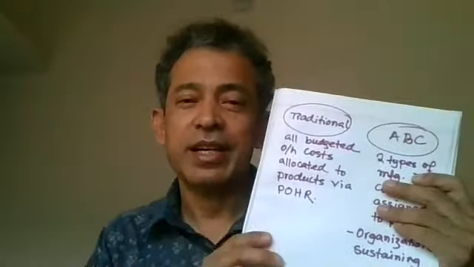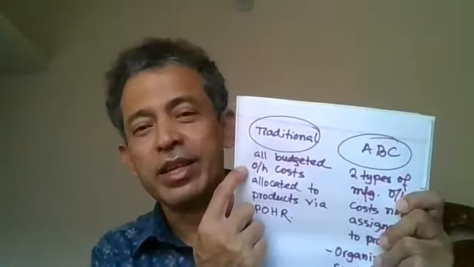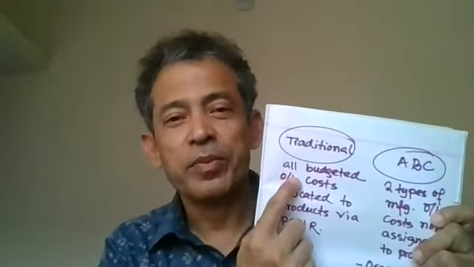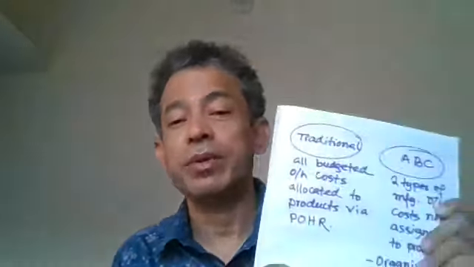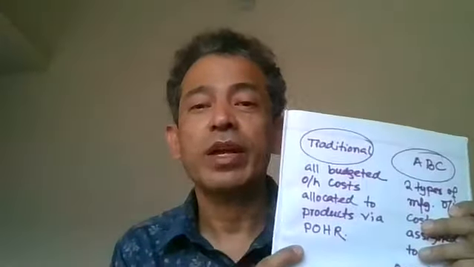Now, there are many activities. In the numerator, we bring in all budgeted manufacturing overhead, or all budgeted overhead costs, especially manufacturing ones. And when you bring in all, that means it is possible that some costs which are not directly related to the products would be assigned to products or product costs via the POHR. POHR means predetermined overhead rate.